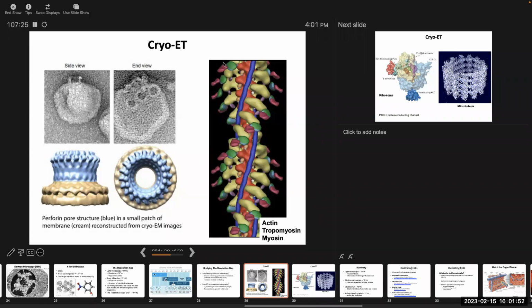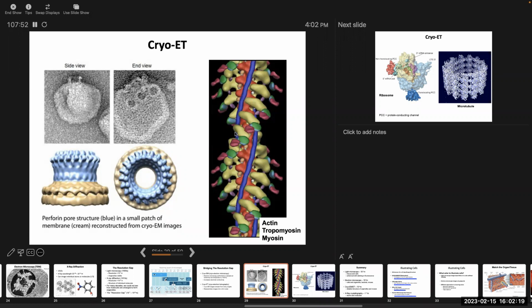So the little red blobs in the center of the image are individual molecules of actin, and the individual molecules of actin are joined together to form a long chain. In fact, there's 2 chains of actin that are braided together or twisted around one another. It's hard to see that in this image, but take my word for it that there's a double chain of actin molecules that are twisted around one another.